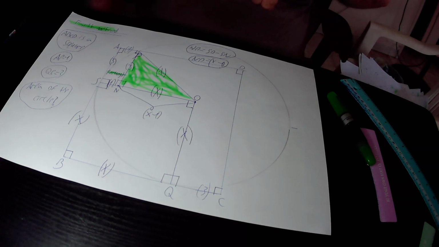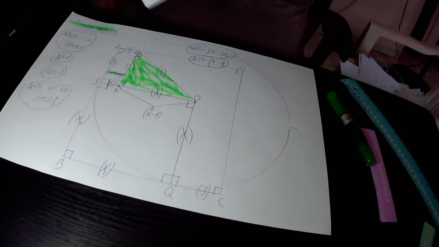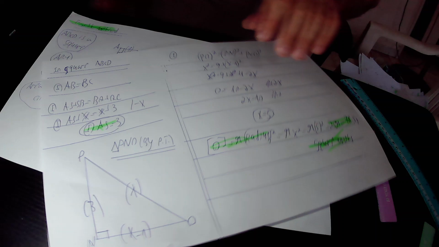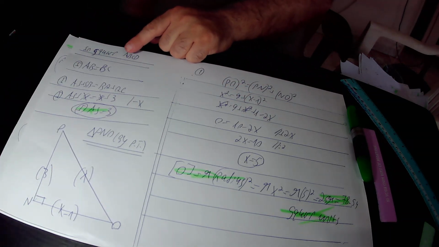We know that in square ABCD, all of its sides are equal to each other, and especially side AB equals side BC. So to repeat again, in square ABCD, side AB equals side BC.